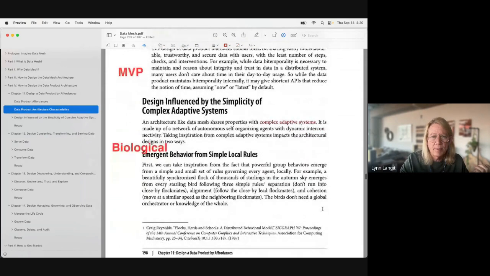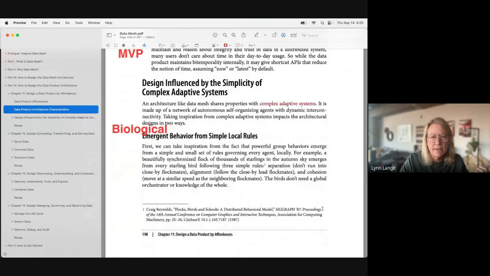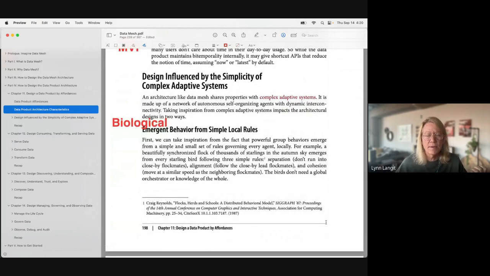Design influenced by the simplicity of complex adaptive systems. I've been talking about this for a while in terms of serverless architectures.